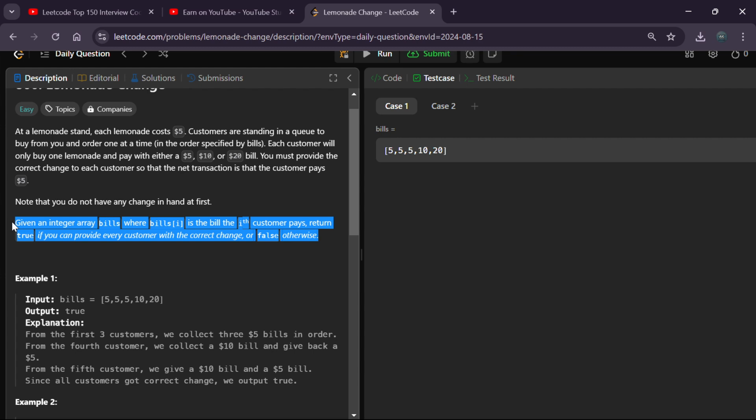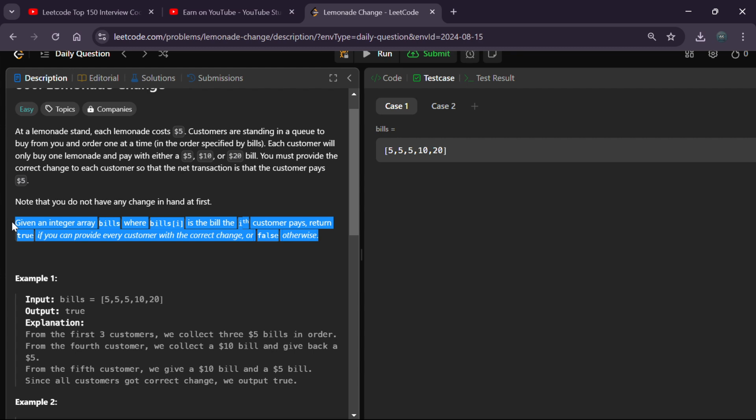You want to give some change X to a customer and you do not have the change X. Say the first customer came with a $20 bill and purchases a $5 lemonade, and you have to return him $15. You don't have any change initially, so you will fail the transaction. So we have to return false.